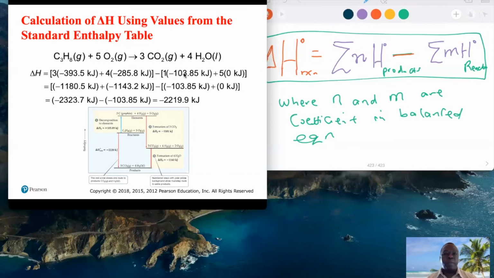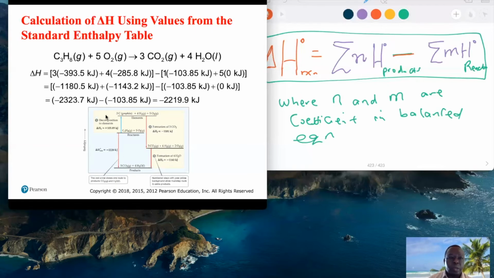This is the enthalpy of formation of propane gas. And the standard enthalpy of formation of an element is given. You'll also be given it as 0. If you're not given it for an element, it's 0. If you're not given it in the problem, take it as 0. So this standard enthalpy of formation for product and reagent, you will be given.